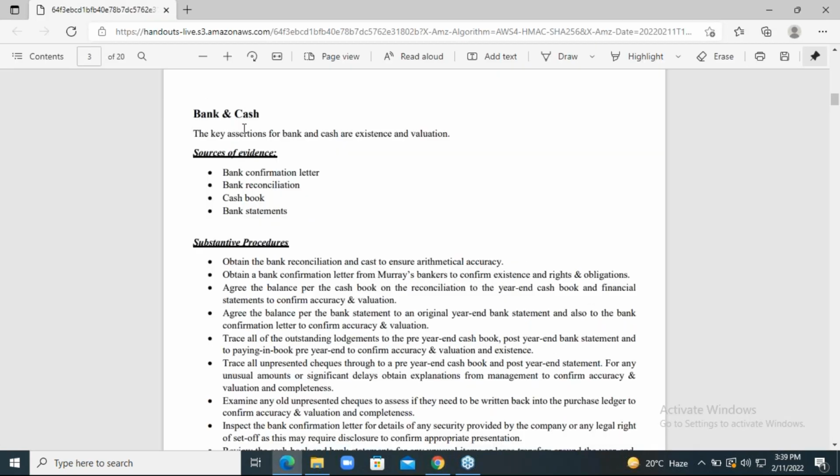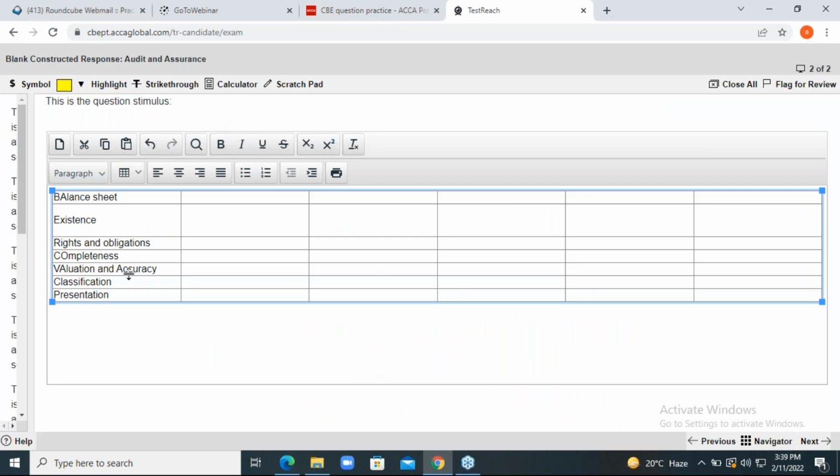Now, if you go through bank and cash, you can see that the valuation and accuracy is basically the application of accounting standard. Now, as far as cash and bank is relevant, the valuation and accuracy assertion is not that much important because there is no relevant accounting standard to bank and cash like R&D.